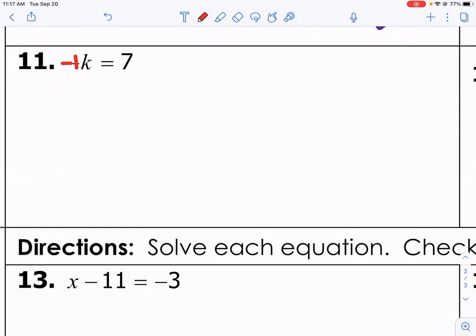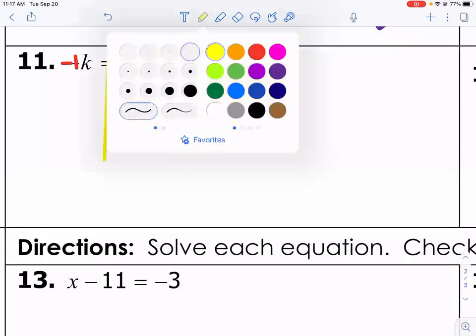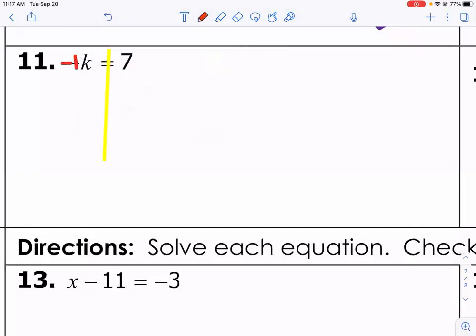Okay, so Quinlan, what did you and Trent do? Okay, so negative 1 is tied to K with what operation?